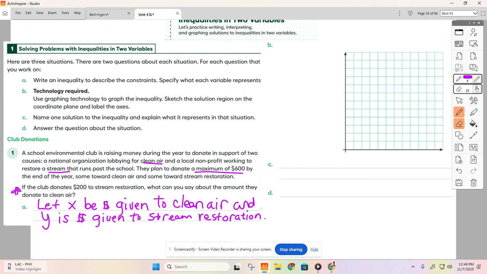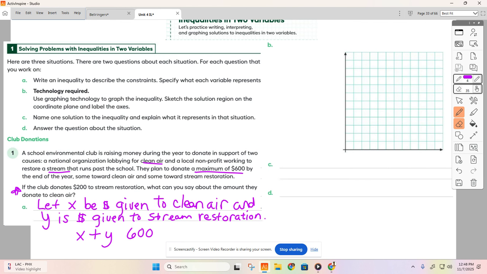All right, so now we need to set up an inequality. The amount of money that they're giving to the clean air plus the amount of money for the stream. We know that that's what they're giving, and we want it to be a maximum of $600. So X plus Y is how much we give, and we don't want to give more than $600.